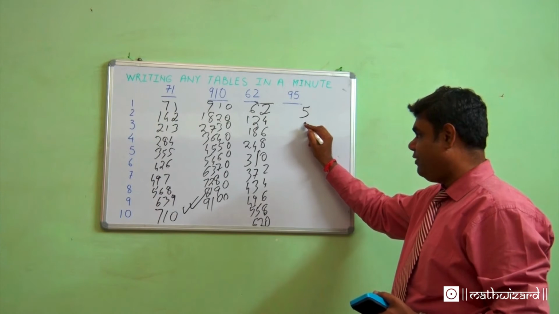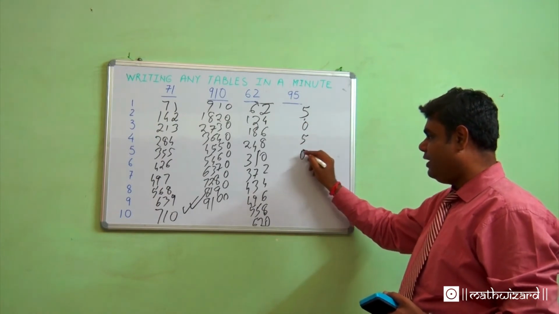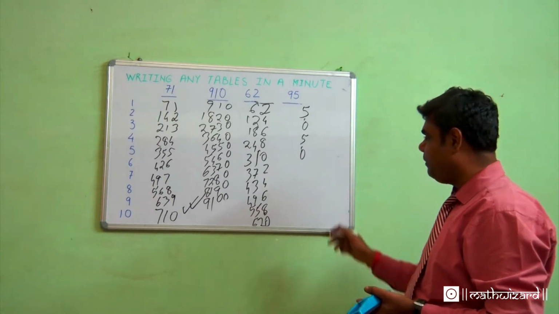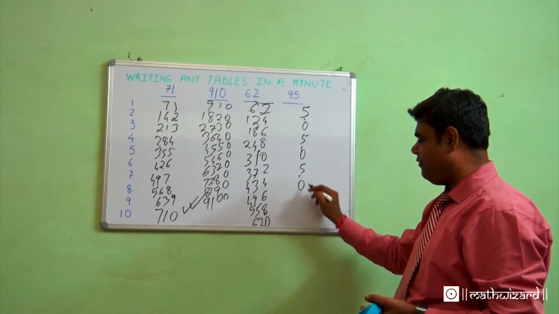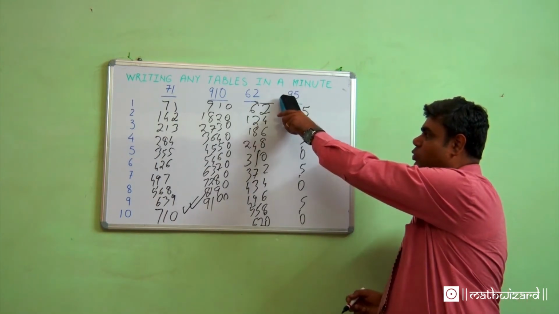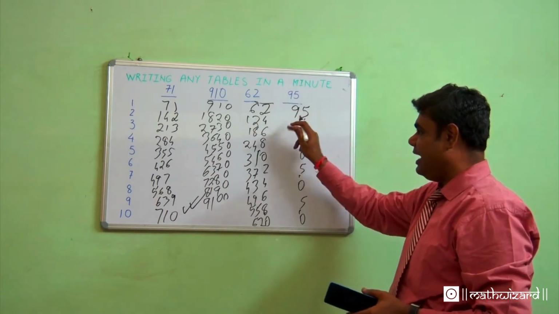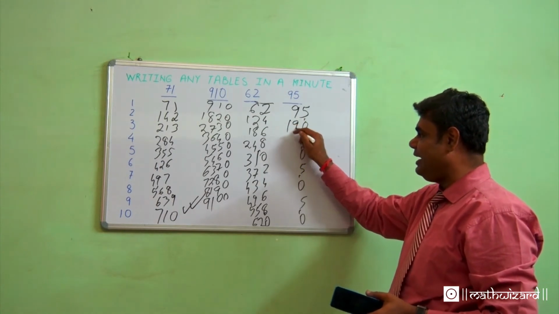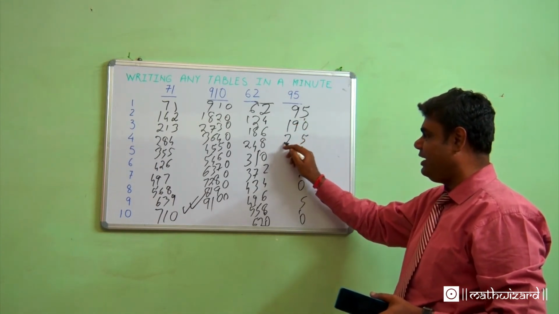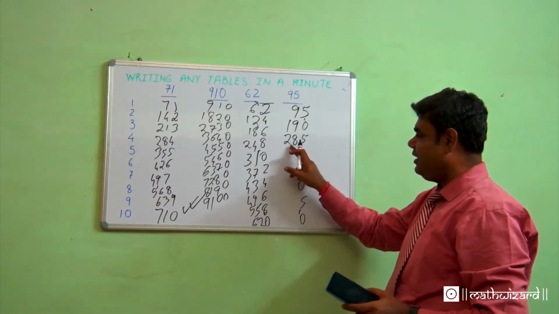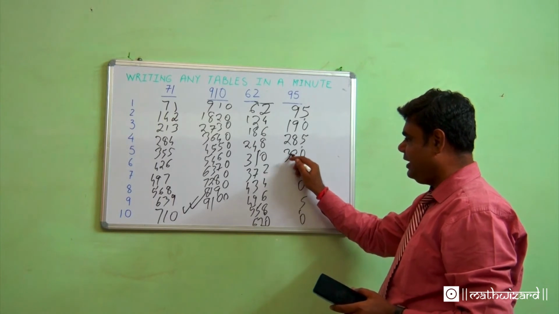It's a 5, a 10. I can make it 15, 20, 25 also. But keep it simple. 5, 10, 5, 10, 5, 10. Now what should I do? The use of 9's table. 9 plus 9, 18 and 1, 19. I'll add another 9 to it. It gives me a 28. 28 plus 9 gives me 37 plus 1, 38.